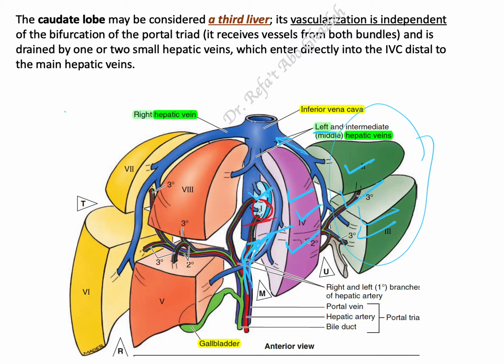That's why we consider the quadrate functionally as a part of the left lobe of the liver, and the caudate, mostly they consider it part of the left lobe, but some authorities say no, it's a third liver.